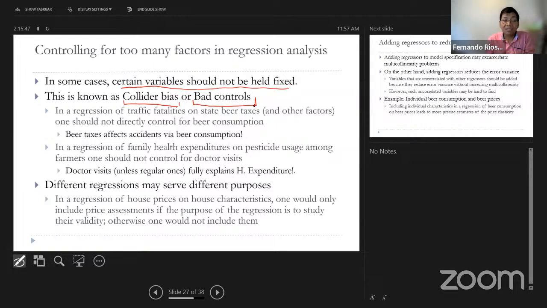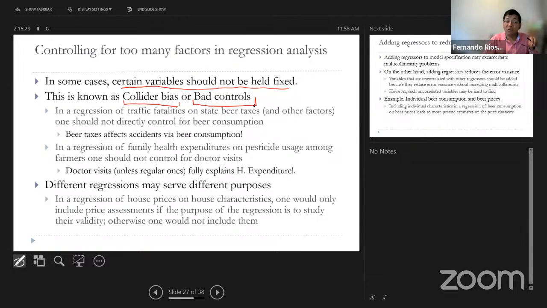Another way of thinking about this, in a regression of family health expenditures on pesticides, if you would like to measure, for example, what is the impact of pesticides, I think this was the other way around. So if I would like to measure the impact of pesticides on family health expenditure, I shouldn't control for doctor visits.